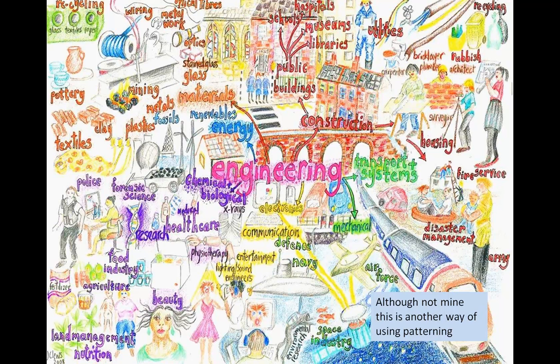This one's on engineering, for instance. And the person spent ages thinking about it. You see, visually he's thinking about engineering. And then he adds the words, then he adds the arrows and things like that just to help him. That is equally as acceptable as a map.